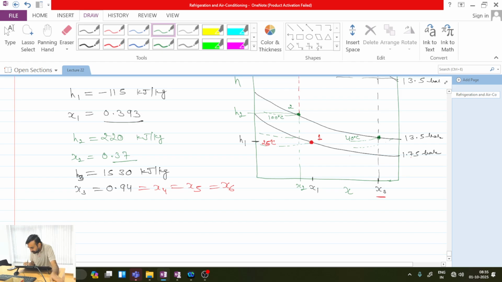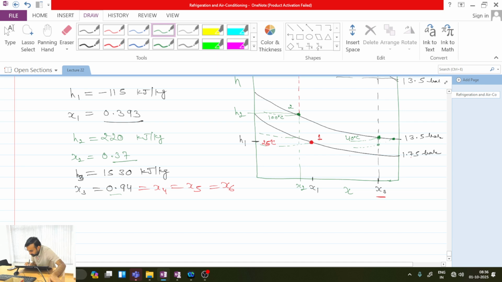Now you can see 30 degrees Celsius and 13.5 bar is crossing at this point. But at this point, composition is not equal to 0.94. So it means this cannot be the state. Then the state at which temperature is 30, pressure is 13.5 and composition is X3.